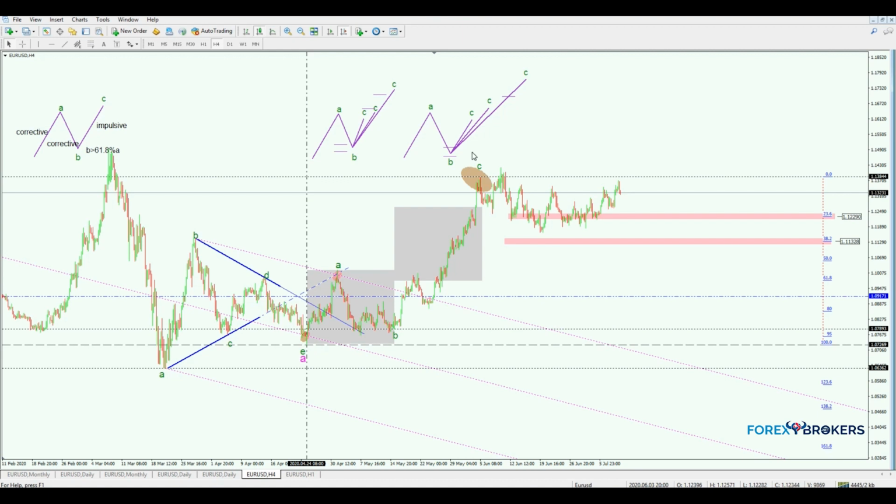The third category of flats has also a wave A, which is a corrective wave. This time the B wave, this category is called a category with a strong B wave.